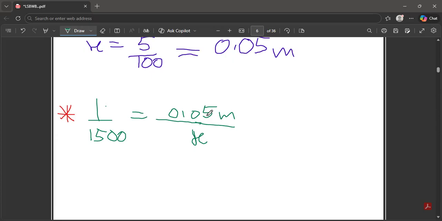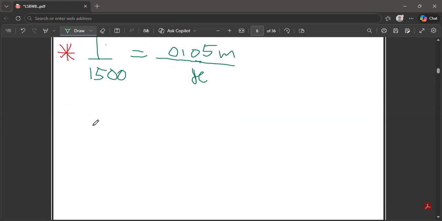From here it's a matter of multiplication. So let's multiply 1,500 times 0.05, and realize that we are going to get 75 meters here.